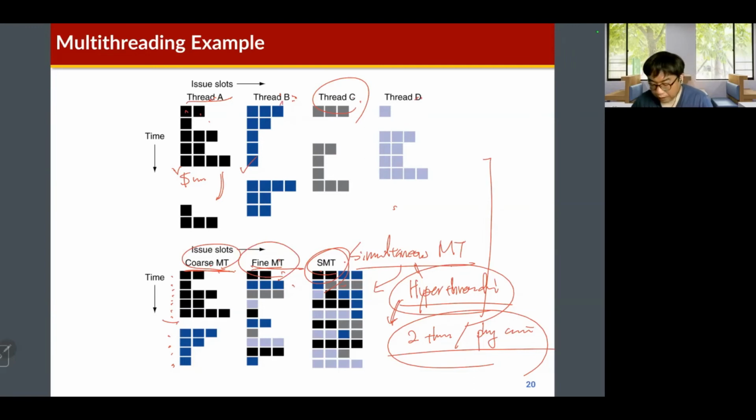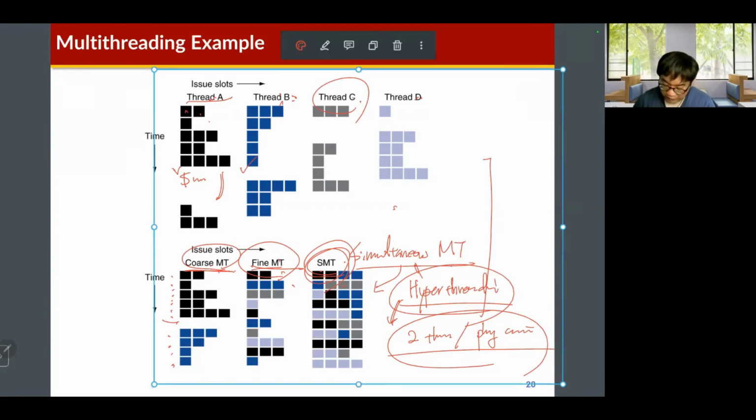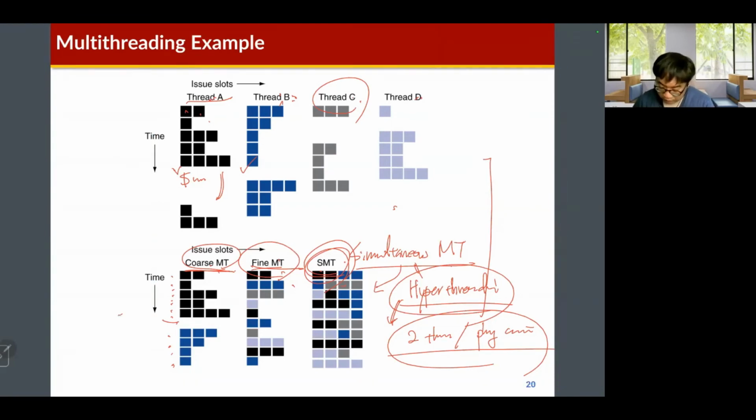In simultaneous multi-threading instead, a CPU can execute any possible instructions from multiple threads. If you see this model, you can find that there are 4 instruction slots in this processor.